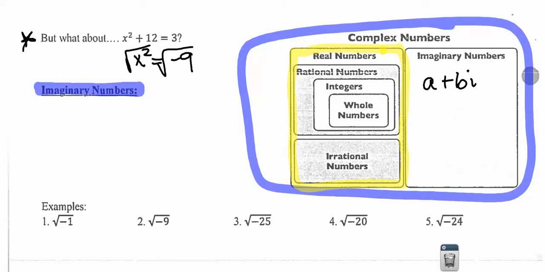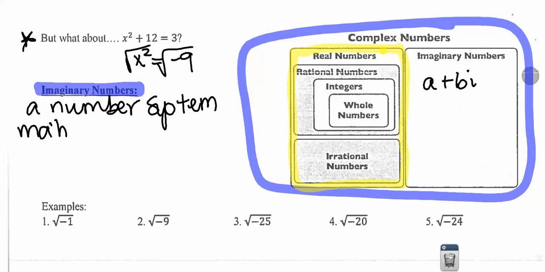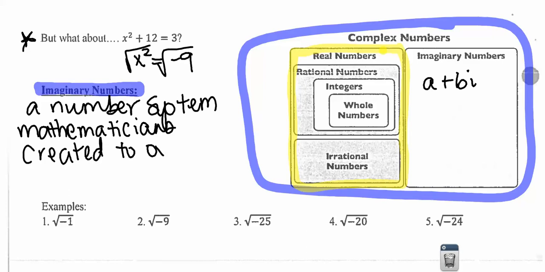is a number system created to overcome this problem of taking the square root of a negative number. So imaginary number is a number system mathematicians created to overcome this issue.